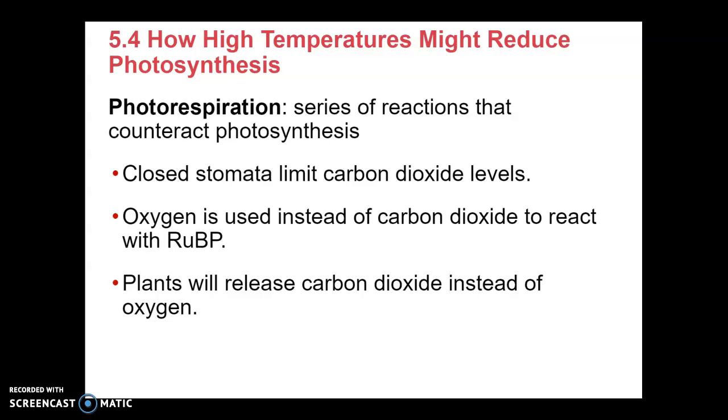And that's kind of counterproductive to how things work out for us, because as consumers, we use the oxygen that plants produce, and we exhale carbon dioxide ourselves. So this doesn't really help us out too much. And so in the next video, we're going to talk more about how there's different routes of doing photosynthesis that minimize water loss and prevent plants from having to go this route of photorespiration where they're using the wrong ingredients to make their cookie.